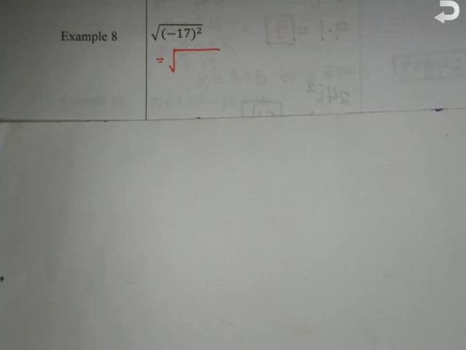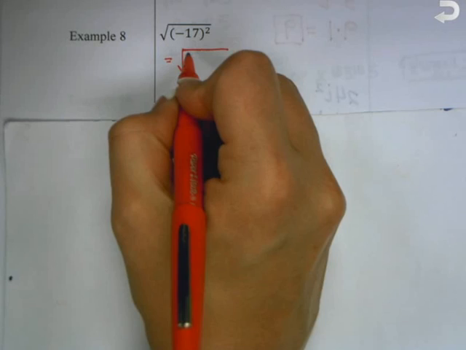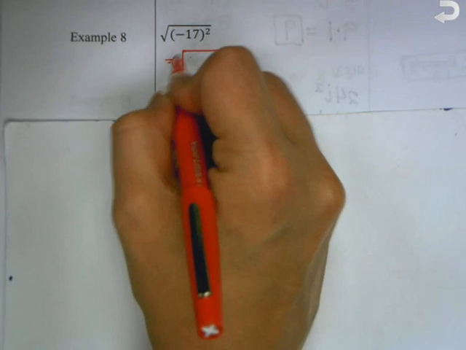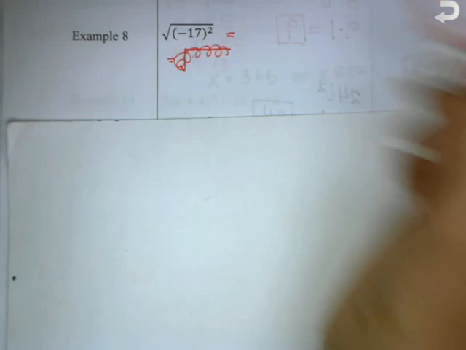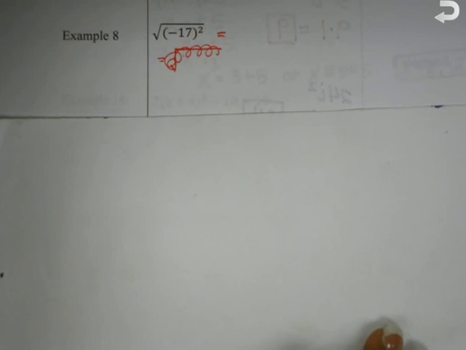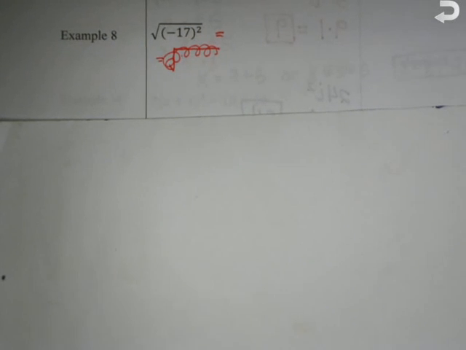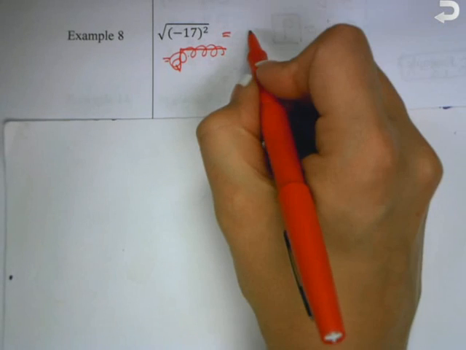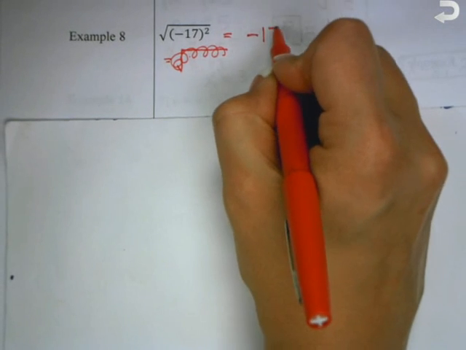Why did I write all of this out? If I have something inside the square root and it's being squared, what happens? We just have it come out, right? That square root and that square is going to cancel, so what's my answer going to be? Negative 17.